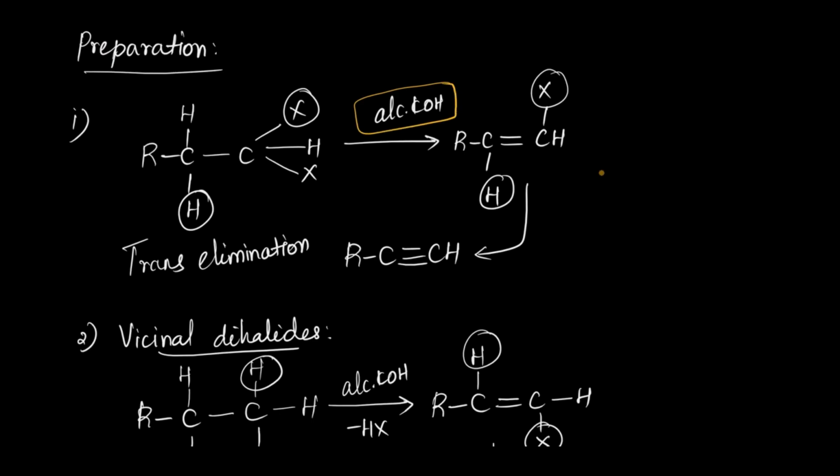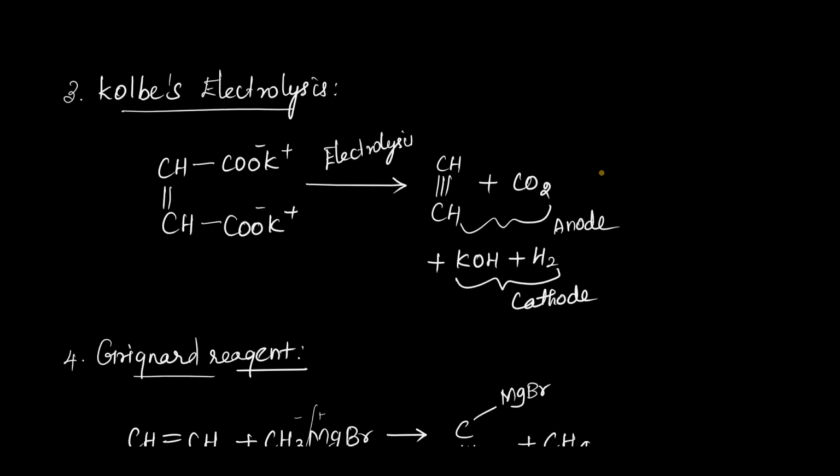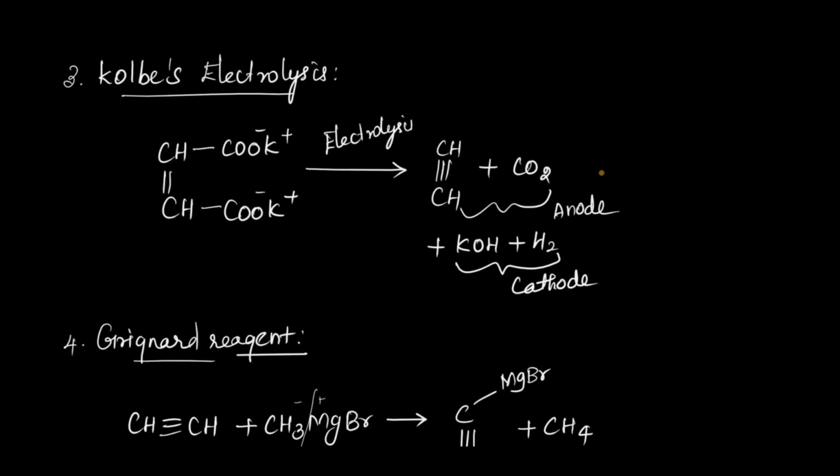See, here also we are using alcoholic KOH, which does elimination. Then vicinal dihalides: we can remove HX from the anti position to form alkynes. Then Kolbe's electrolysis, again, here I am taking a dicarboxylic acid with the double bond of alkenes to form alkynes.